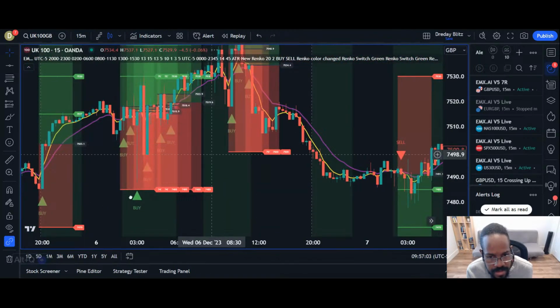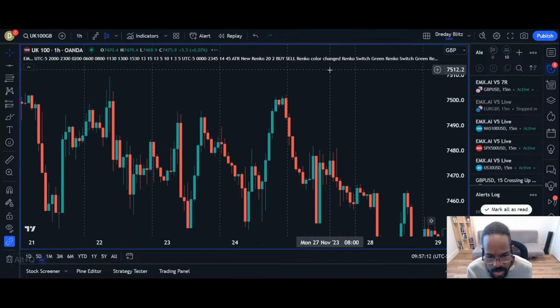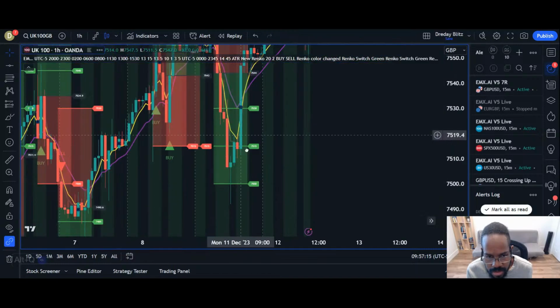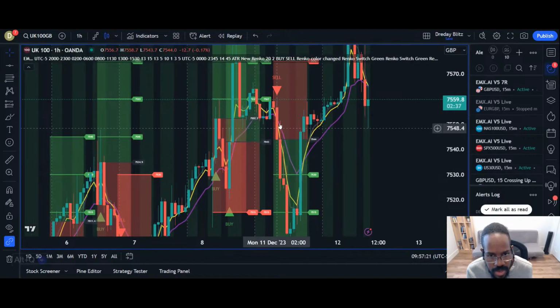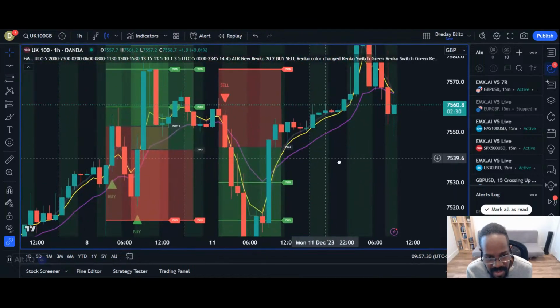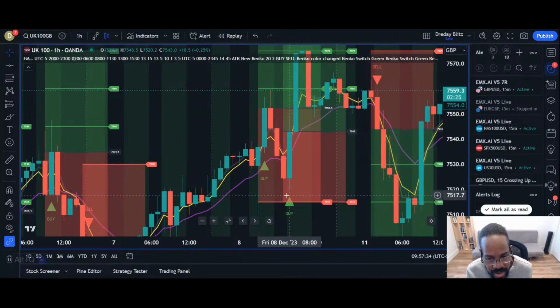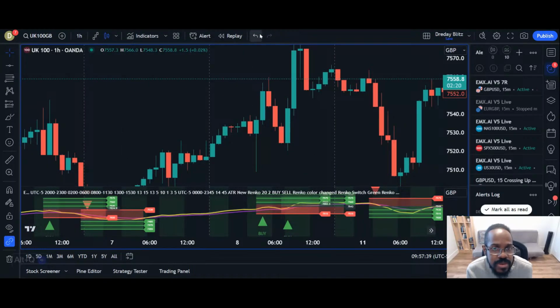So make sure to backtest it, and even if you trade it off of the 1 hour, I know you trade it off of the 1 hour most of the time. Off of the 1 hour, you had a sell on Monday. That was a good sell on Monday. Then you had a buy on Friday.